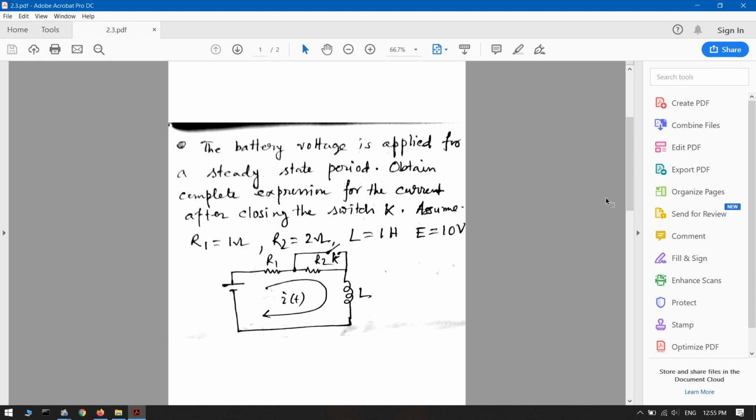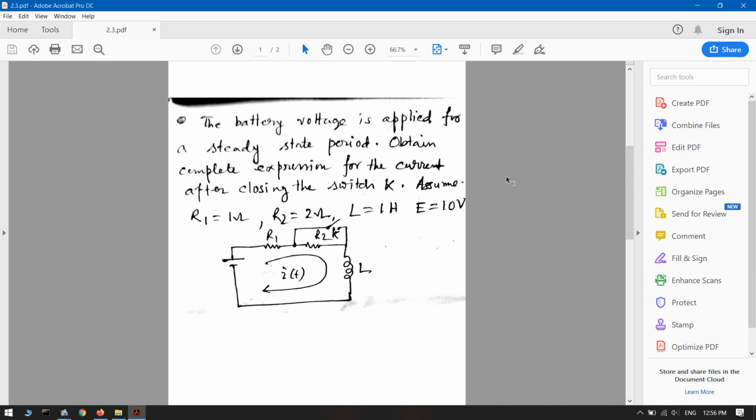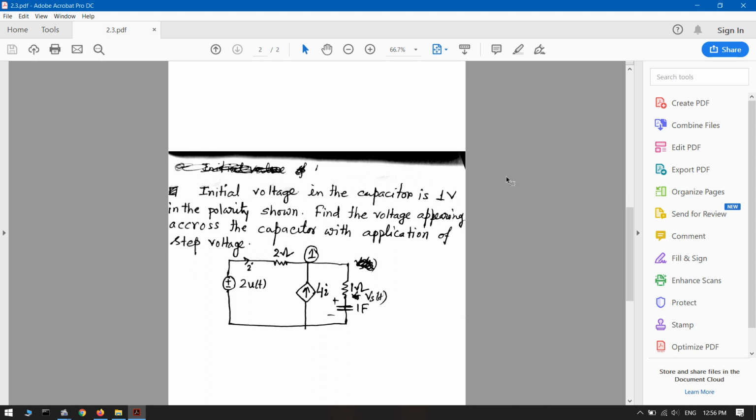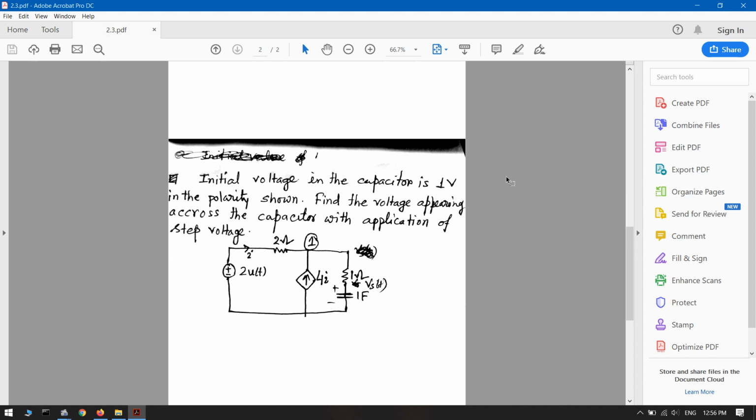So we are able to solve this one. One more problem I have given. Can you solve that problem? Go to the second problem. Here the initial voltage in the capacitor is 1 volt.